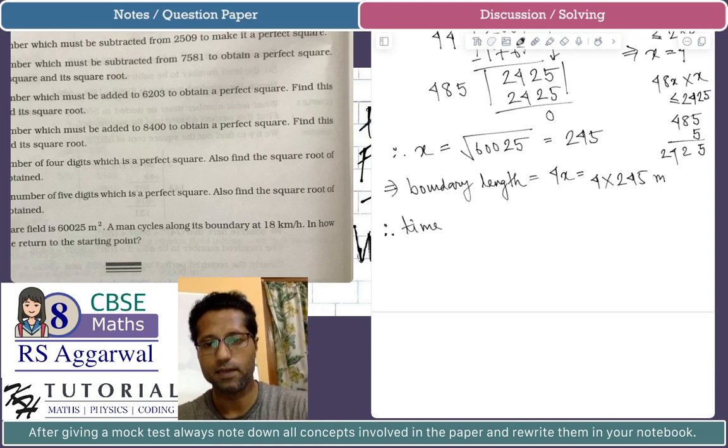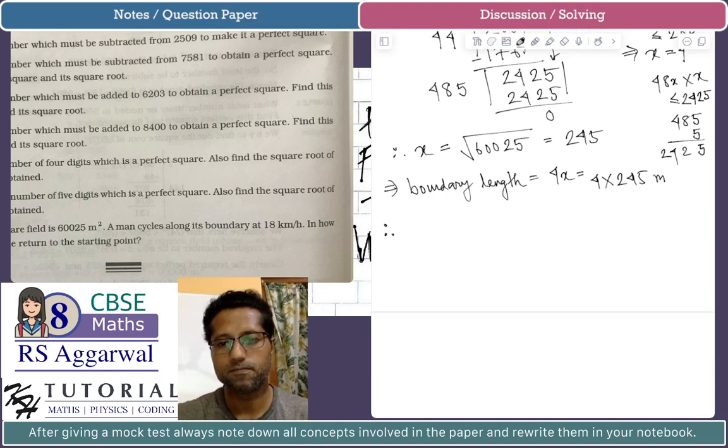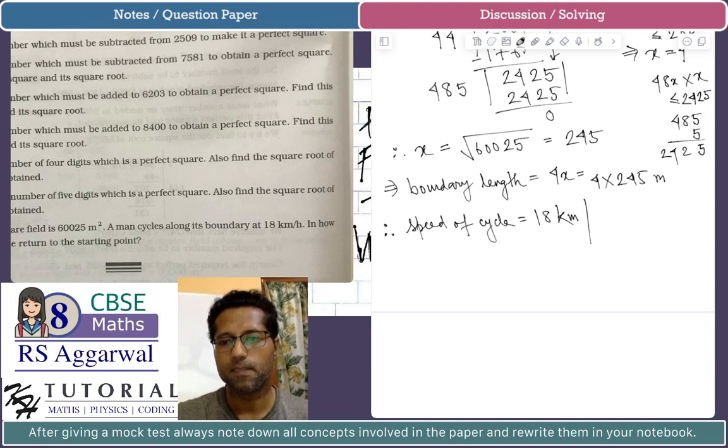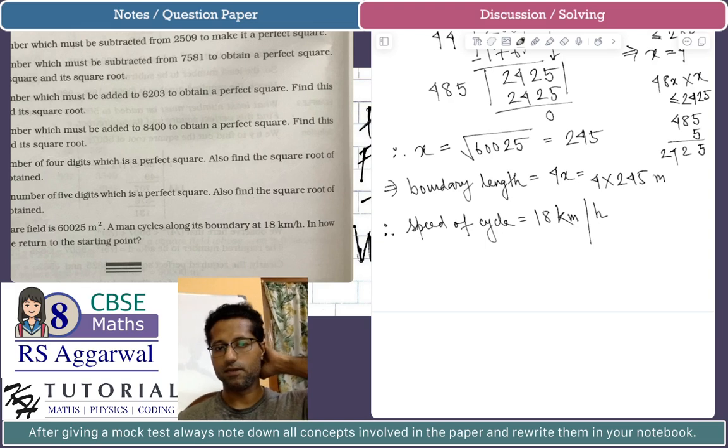Okay, so before that, speed of cycle is given to be 18 kilometer per hour. Remember that the area of the square field is given in meter square. So the side we have found is in meter. The side of the square is 245 meter, and the boundary length is also in meter.